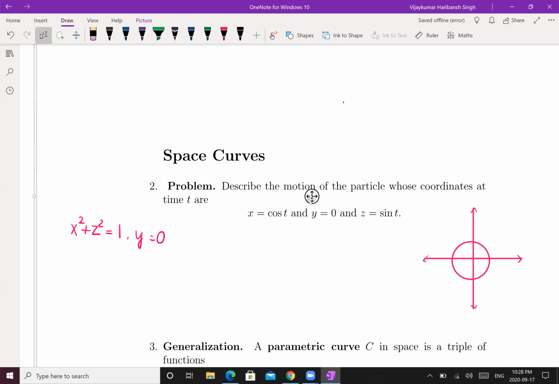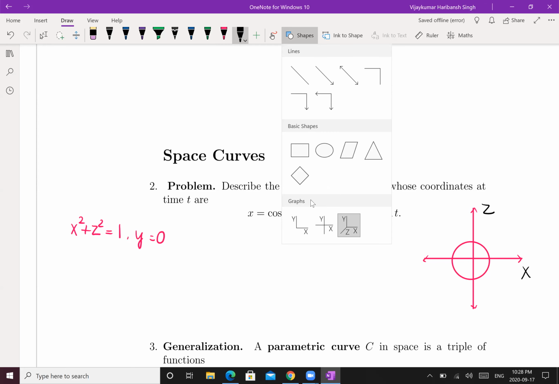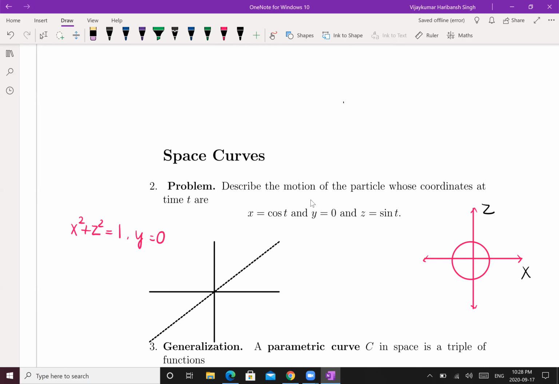Now let's draw the same thing in the three-dimensional coordinate system. This is x, this is z, not xy, but xz. If we draw this in a three-dimensional setup, if this is the x-axis and this is the y-axis, then by the right-hand rule this is going to be the z-axis.